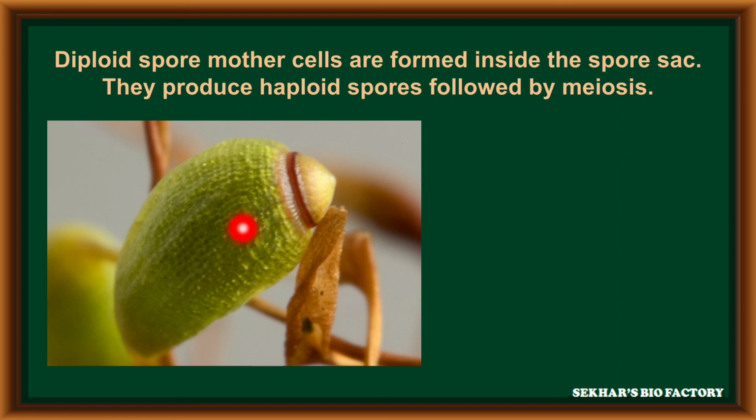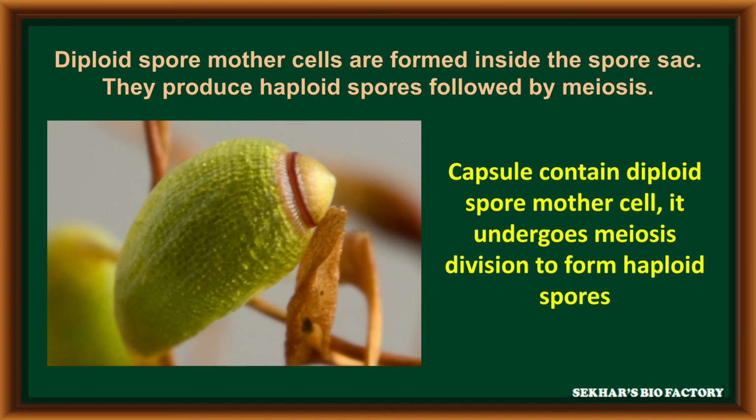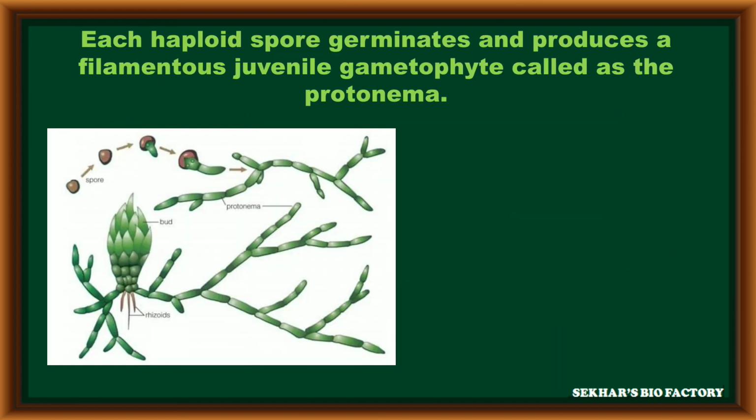Some of the diploid spore mother cells present inside the capsule are called the spore sac. These cells produce haploid spores with the help of meiosis division. When the capsule's diploid spore mother cells undergo meiosis division, they form haploid spores. Each haploid spore, when released outside, gradually germinates and produces a filamentous juvenile gametophyte called protonema.